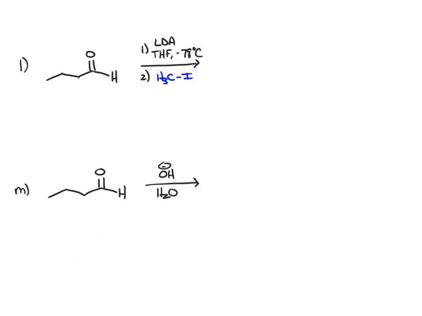And we're first treating this with LDA, which forms the enolate. We only have one enolizable position, so that's our enolate we get. Now, when we react this with iodomethane, this is essentially an SN2 reaction.